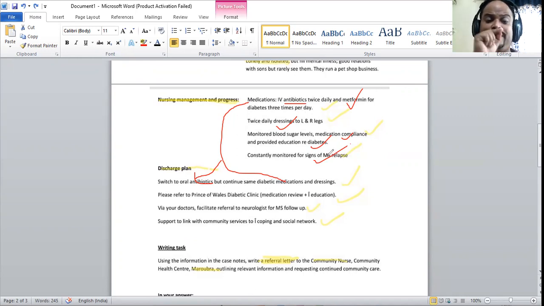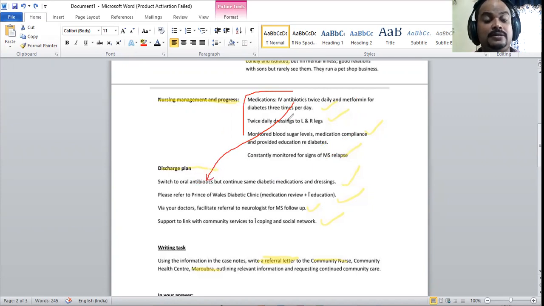What you are continuing here, the same thing you are going to continue there. So we can say there is no difference except this IV antibiotics switching to oral antibiotics. The same nursing services that you are providing right now have to be continued in Marlborough.